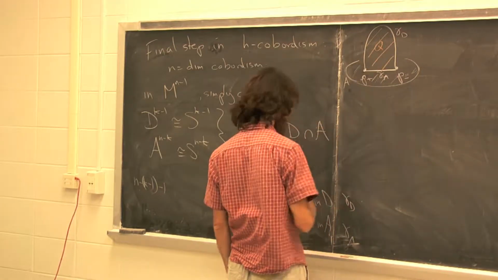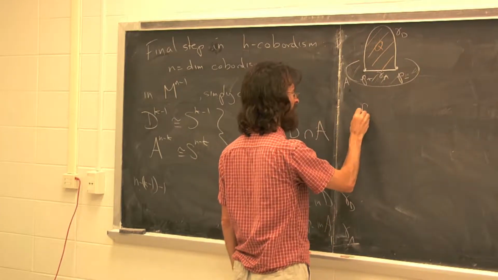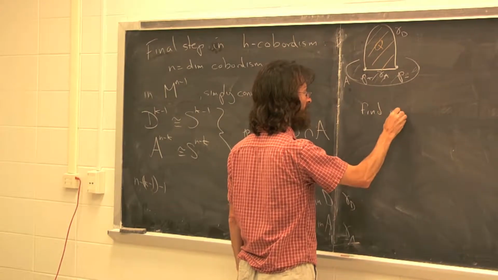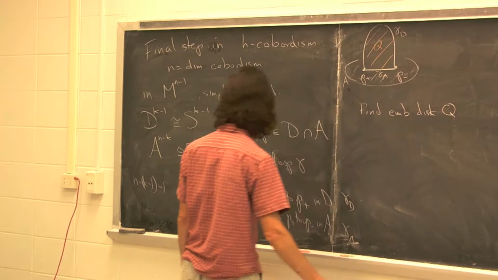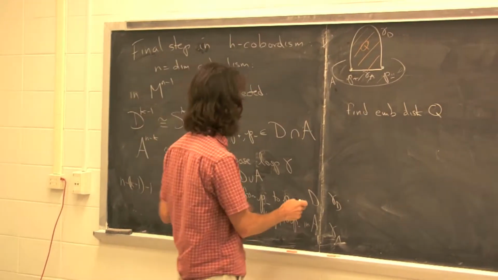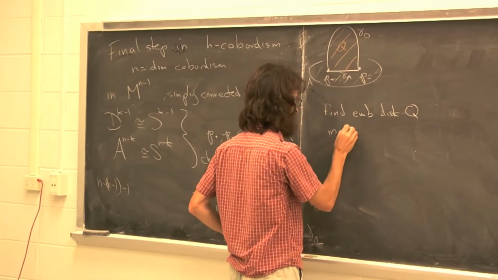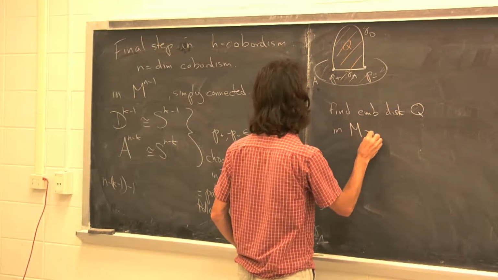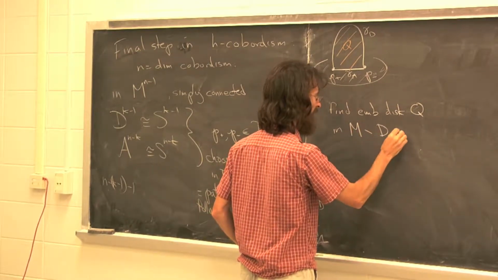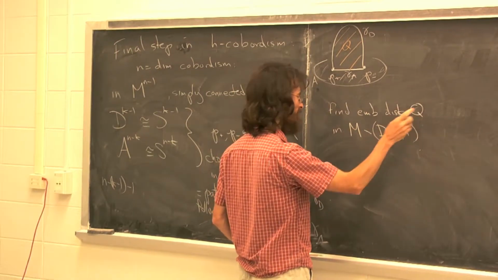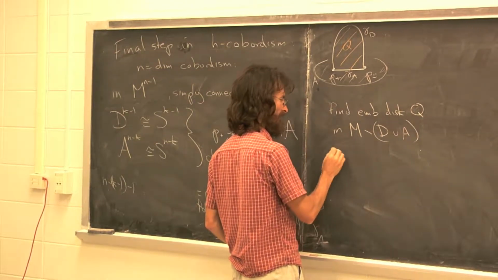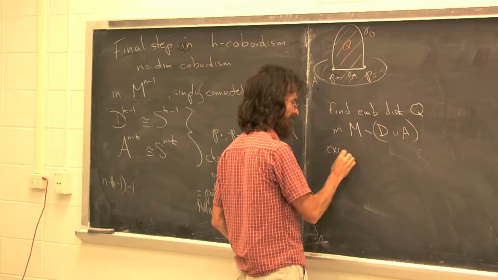We find an embedded disk Q in the complement of D union A, except for the boundary.